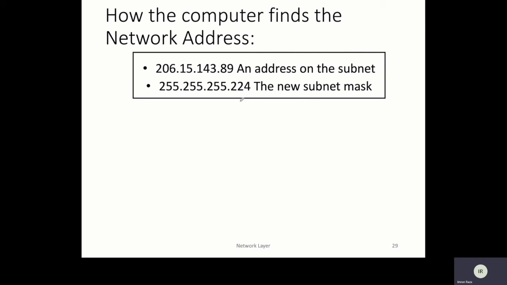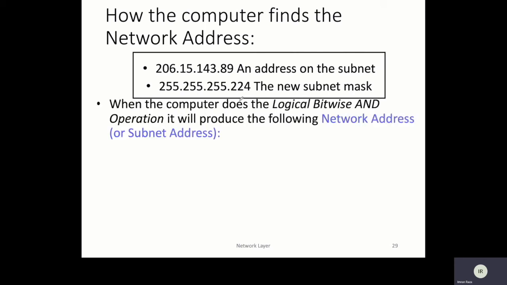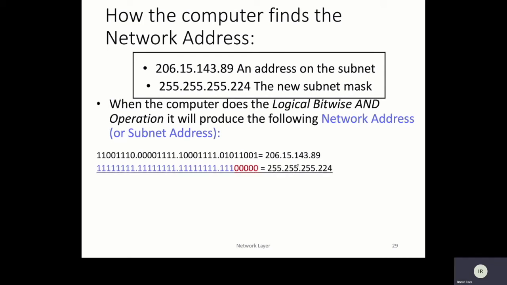So we represent the destination address in binary. This is the binary representation of 206.15.143.89, and we again represent the subnet mask in binary, and we do a logical AND here. Whatever the result is, that is the subnet this machine belongs to. If I do a logical AND, the result is 206.15.143.64.